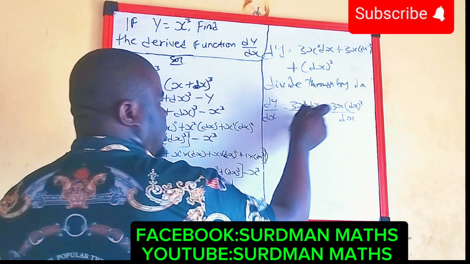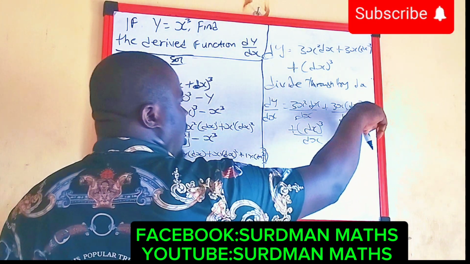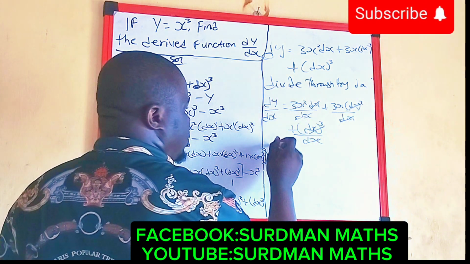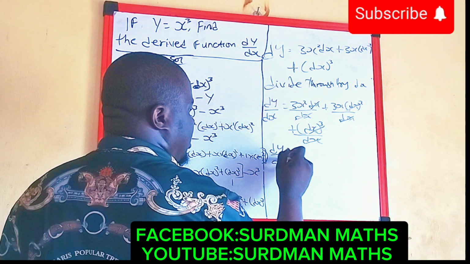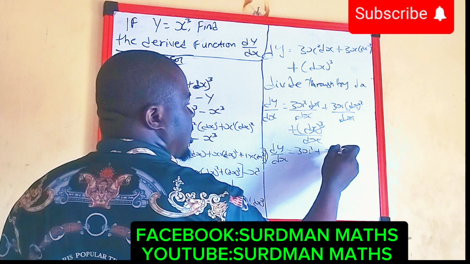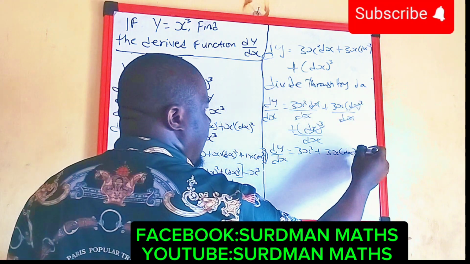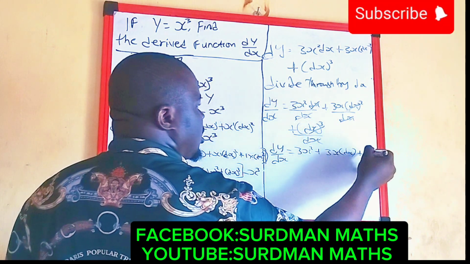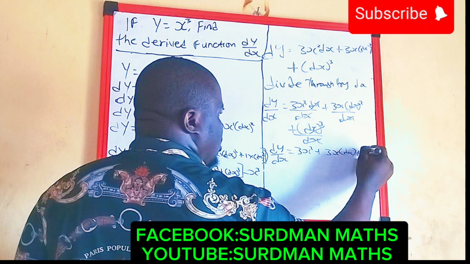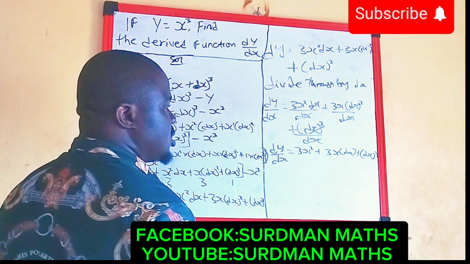Now this cancels out this, we have no dx remaining here. This cancels out, we have one dx remaining. So dy/dx equals 3x squared plus 3x dx, because we only have one dx remaining here, plus, if you cancel this, we only have dx squared remaining.